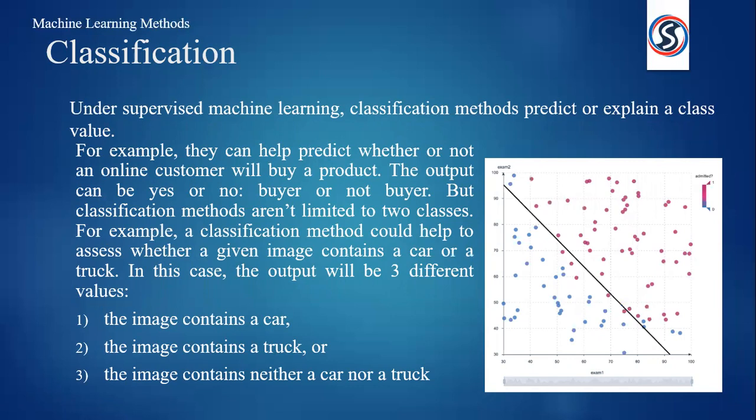What is binary classification? Where we have only two outputs: yes or no, pass or fail, male or female, rain or not rain, cloudy or not cloudy, win or lose. These are my classification problems.